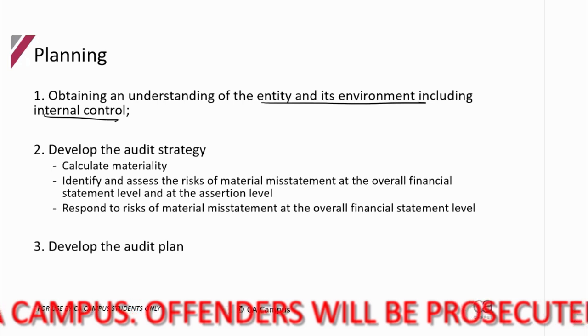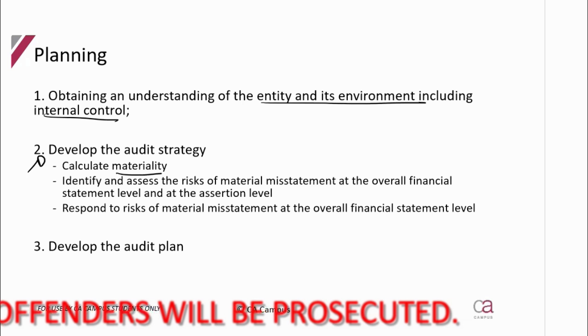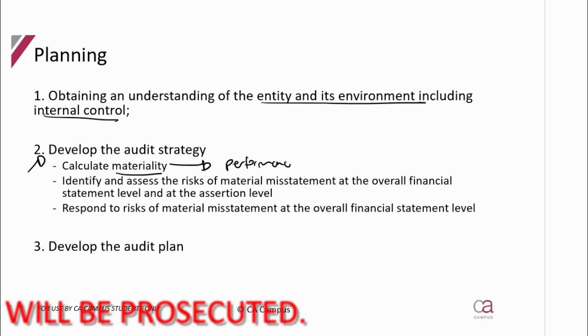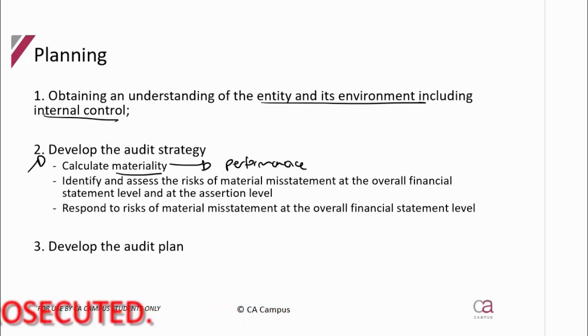And through that understanding, we then developed our strategy, where we calculated materiality, 2 types, but we're only using the performance materiality going forward. And then, because we had that, we were able to identify risks of material misstatement, material in excess of that performance materiality, at 2 levels, at the overall financial statement level and then at the assertion level. So it was our understanding of this business that allowed us to pick up the risks.